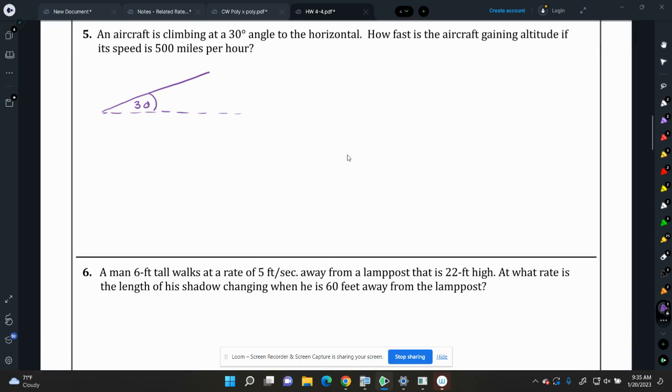How fast is the aircraft gaining altitude? Gaining altitude, let's call this A. That's my altitude, so I'm looking for dA/dt, if its speed is 500 miles per hour.